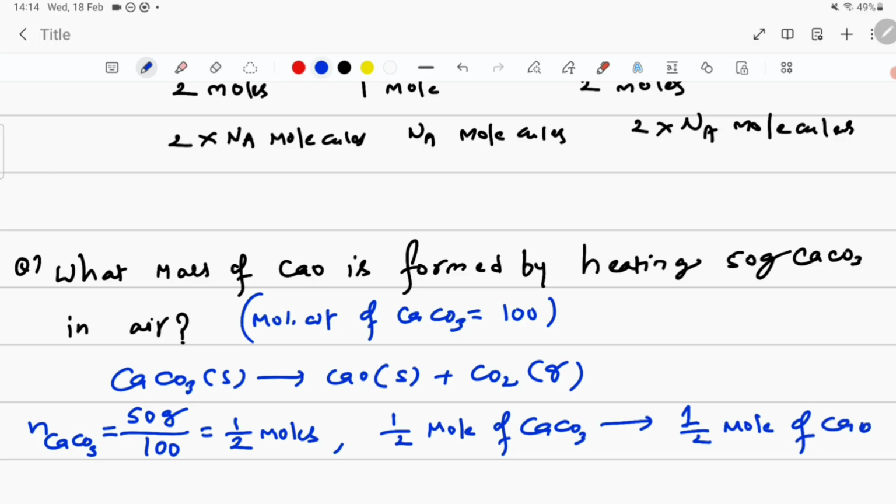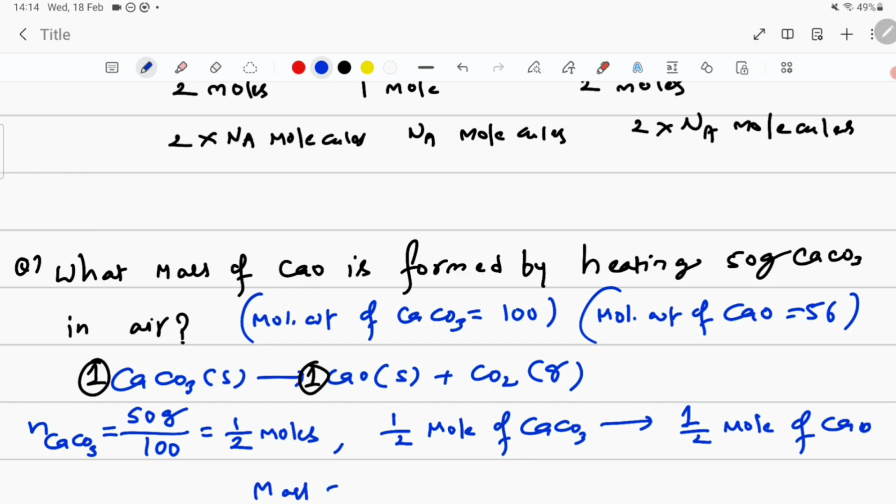The molecular weight of CaO is equal to 56, because according to the given equation, if there is 1 mole here, here also 1 mole. So how do we calculate mass?